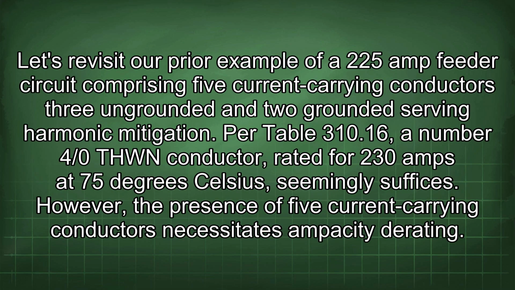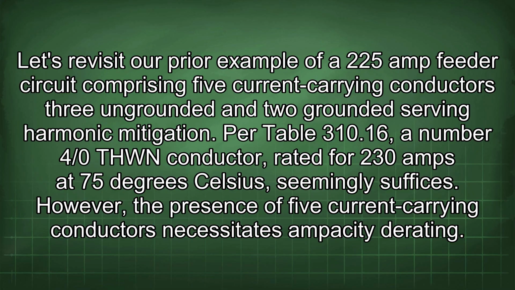Let's revisit our prior example of a 225 amp feeder circuit comprising 5 current carrying conductors, 3 ungrounded and 2 grounded, serving harmonic mitigation. From Table 310.16, a 4/0 THWN conductor rated for 230 amps at 75 degrees Celsius seemingly suffices.